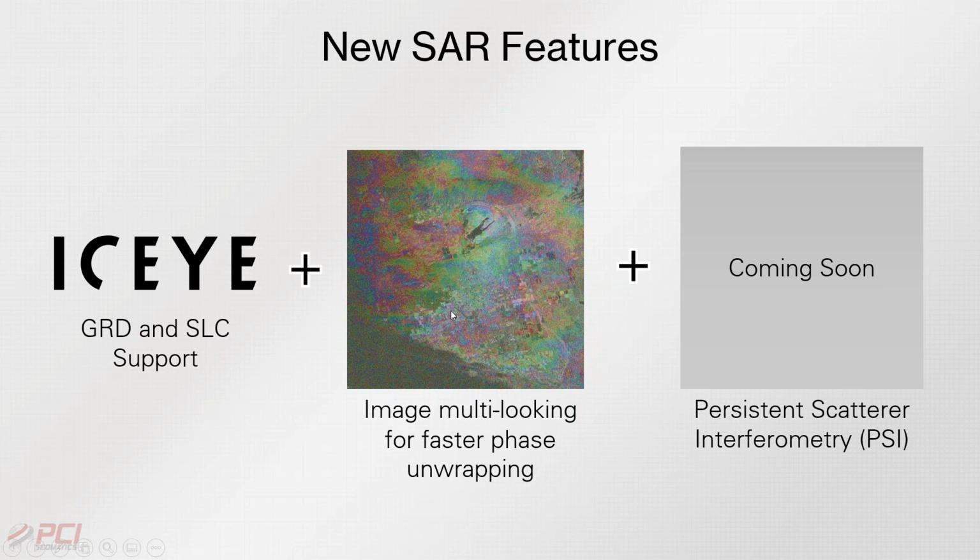So the fact that we can now do it with this image multi-looking approach allows us to significantly accelerate that process. And then, as mentioned, coming soon, we have our persistent scatter interferometry workflow, so our PSI capabilities, for really being able to dive into and perform deep stack analysis on InSAR data.